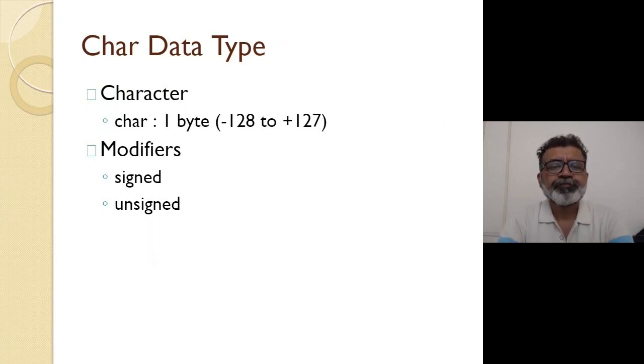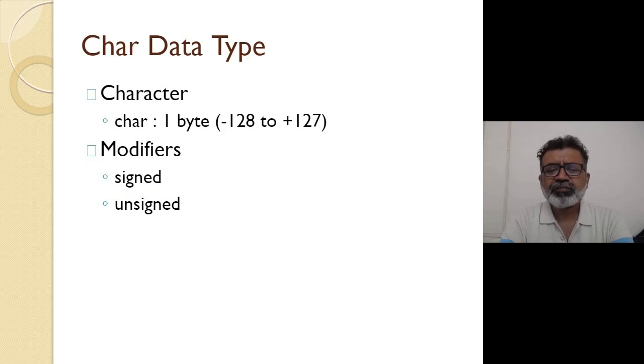There is a char data type. We have used this. 1 byte of memory is given. The range is -128 to +127. Right? There could be a signed char and unsigned char. Basically, for a character there are no chances that it is negative, but they have made the provisions which are not of use.